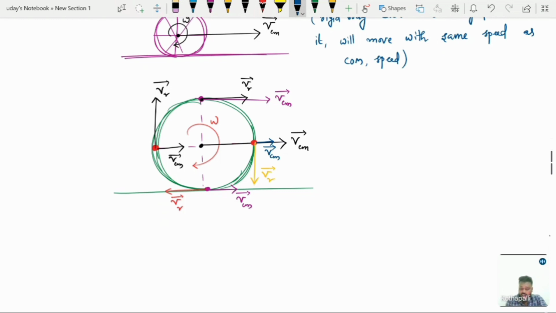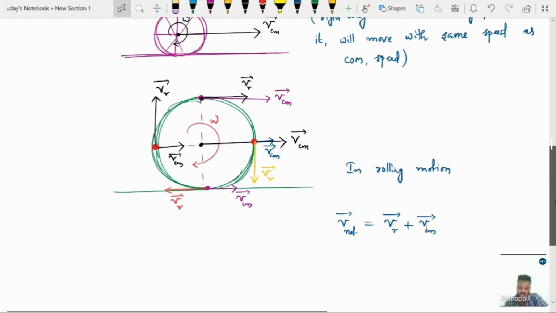So if a body is in rolling motion, we can conclude that the net velocity of any point on the body is the velocity due to rotation plus the velocity due to translatory motion, which is VCM. Velocity due to translatory motion is always the velocity of the center of mass only.